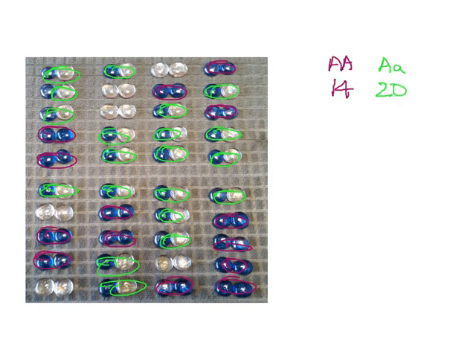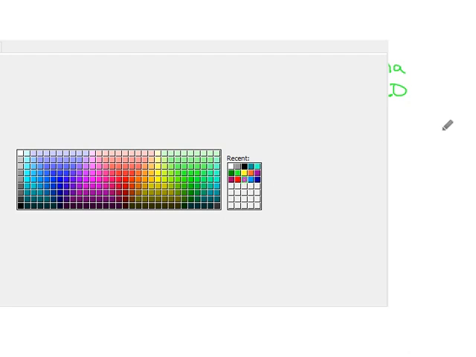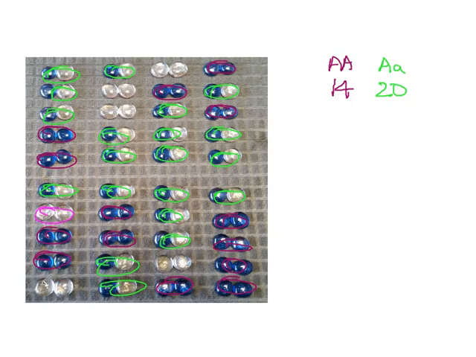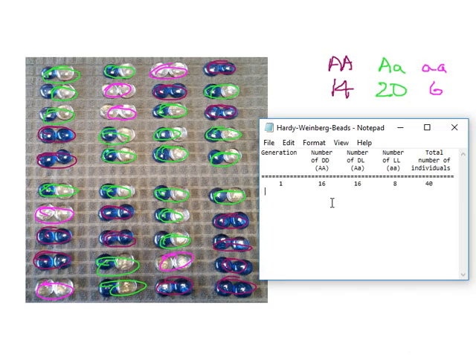There should be 6 of the homozygous recessive. Are there? 1, 2, 3, 4, 5, 6. Good. Those numbers check out. We will record them and move on. 14, 20, 6. Total is still 40.